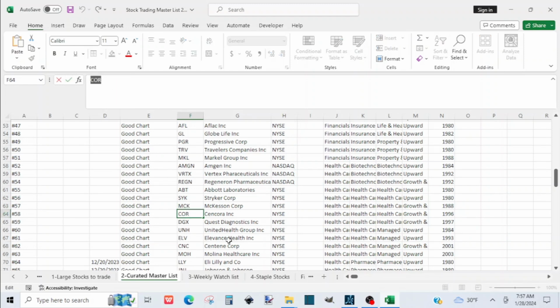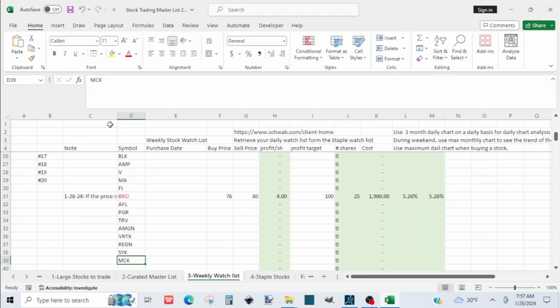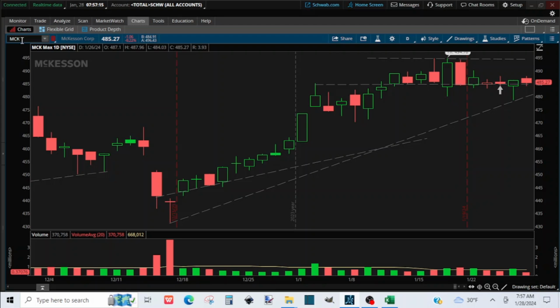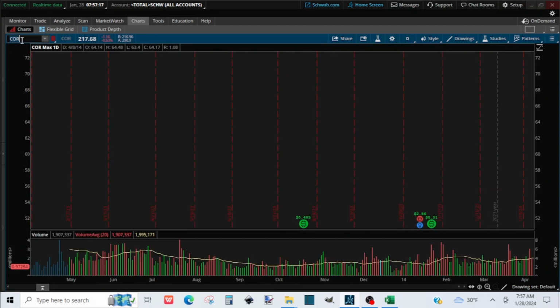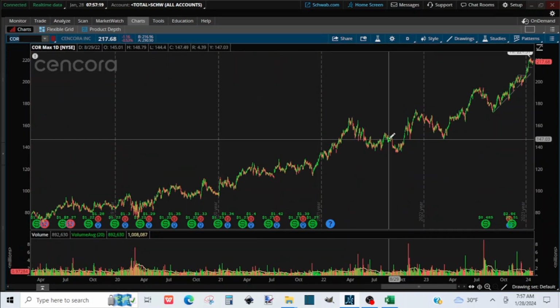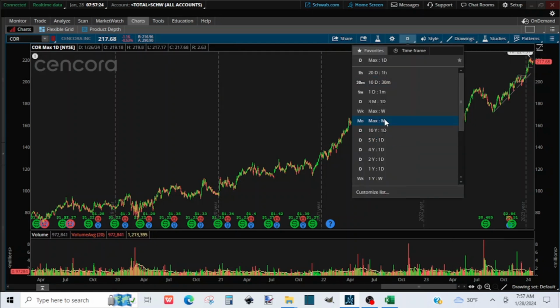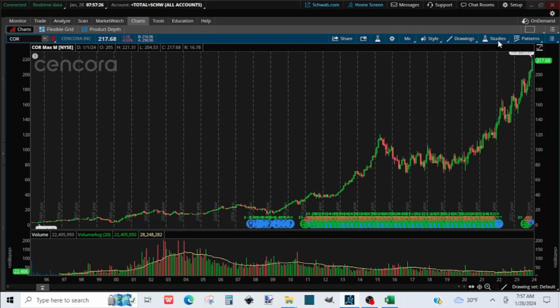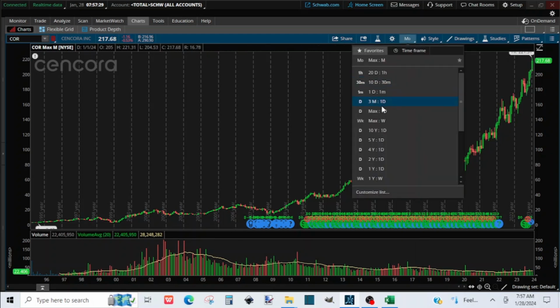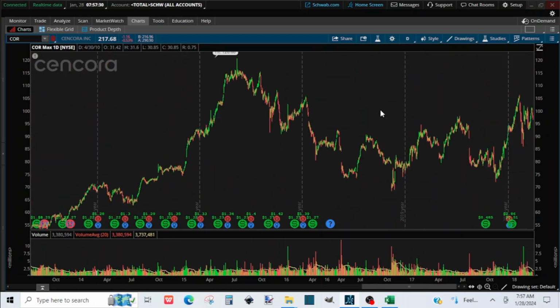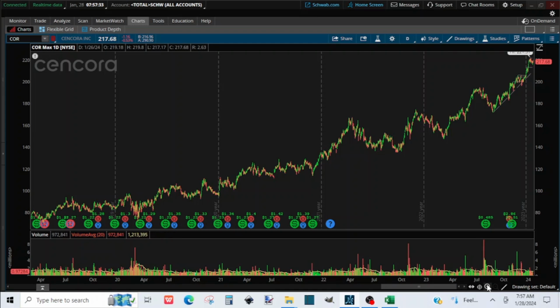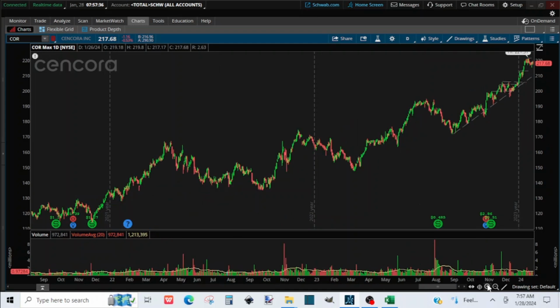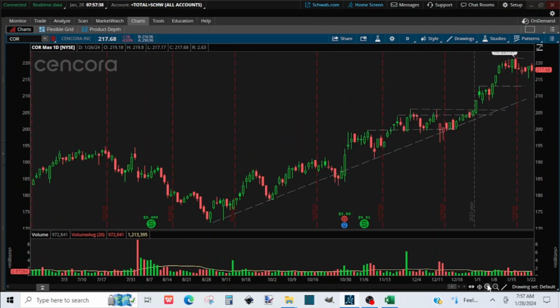The next one is COR. So COR, let's check the past to see how it's working. Yeah, it's ahead of all the previous mountain. Let's go to the daily chart. Let's just say those types of upward trends are what I like to trade while I'm learning to swing trade.